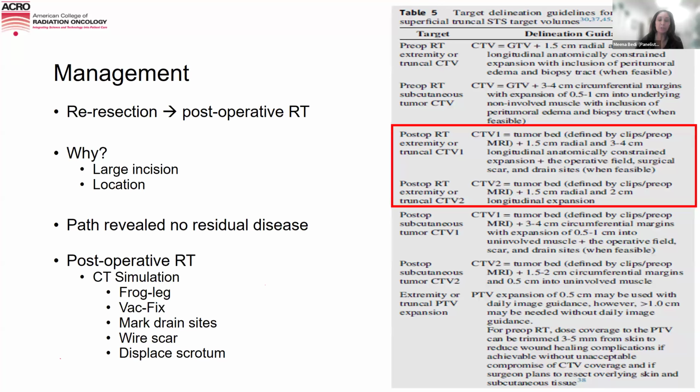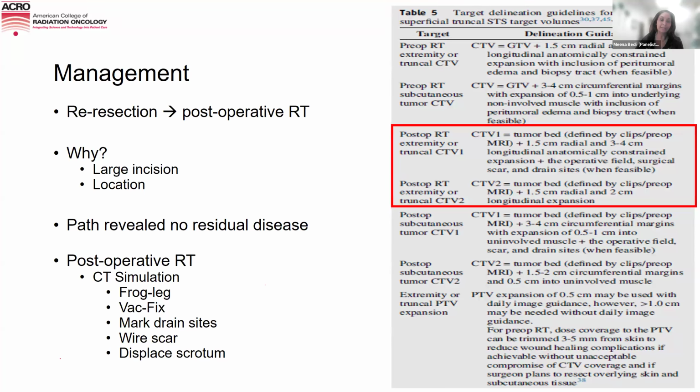But the reason we did re-resection then post-op RT was the incision was large, it looked irregular, and the drain site was further away. And thankfully, which was really interesting, the path revealed no residual disease, even though they had multiple positive margins. So we obtained an MRI post-op, but we did post-operative radiation, and I used the consensus guidelines to help guide my treatment.